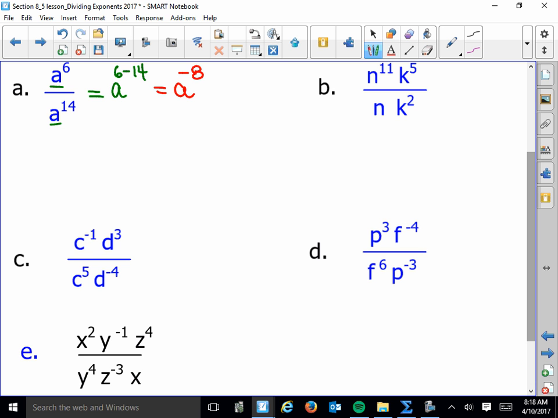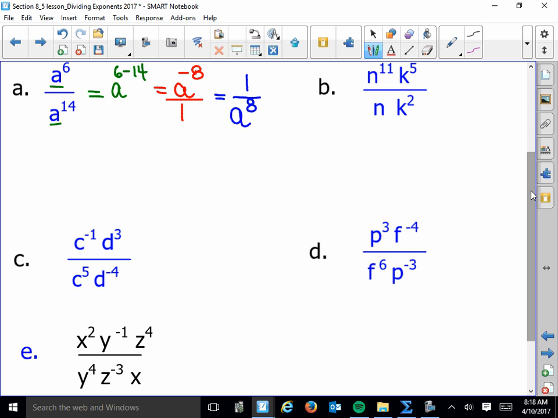Every time we use this rule, the power automatically will be in the numerator. If the exponent is negative, then I need to move that negative power to the appropriate side of the fraction. So this simplifies to 1 over a to the 8th.